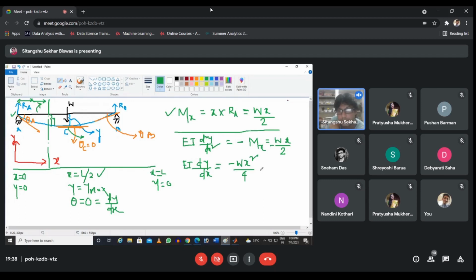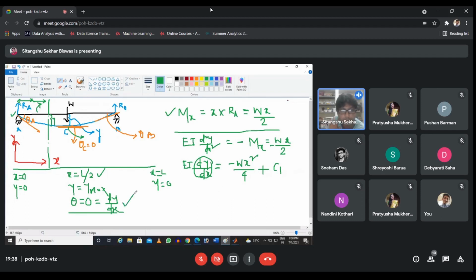So that is this plus some constant C1. Okay. Now here, because my dy/dx is there, we replace the condition that at x is equal to L by 2, my dy/dx is equal to 0.